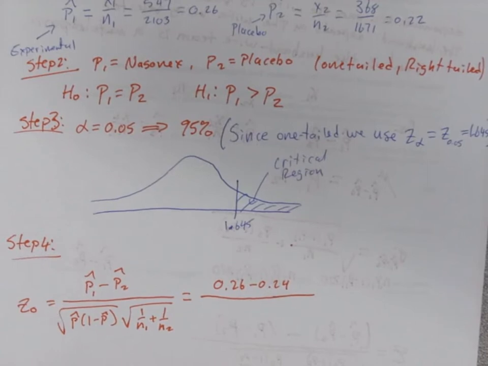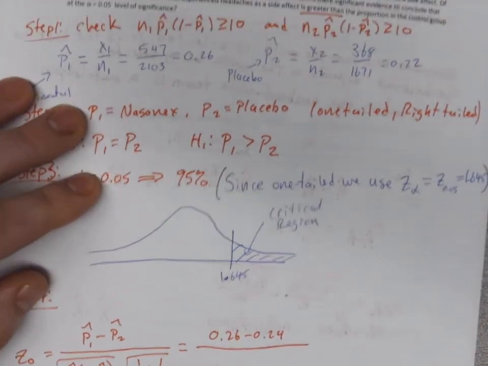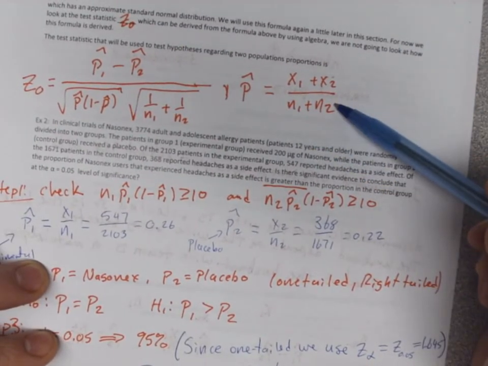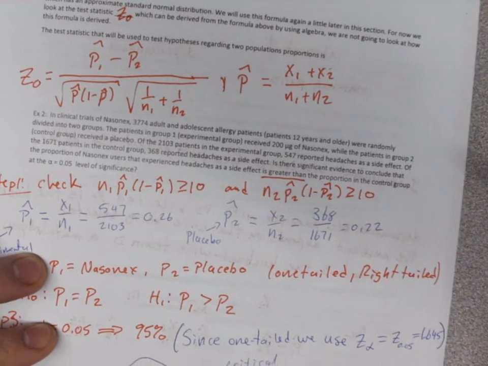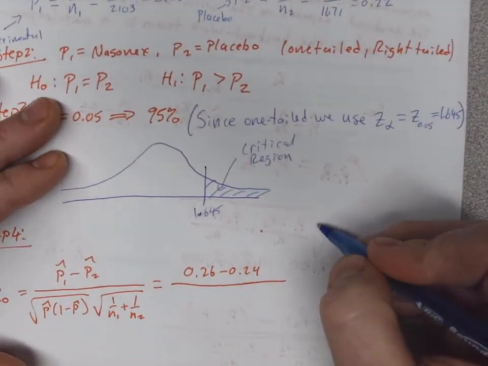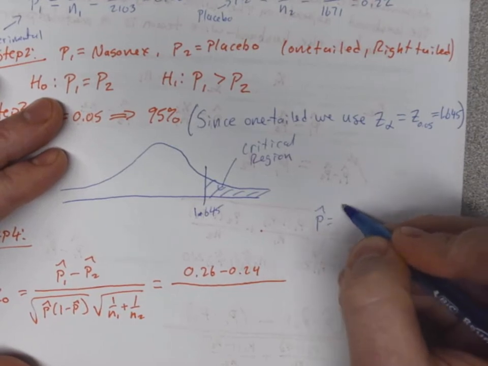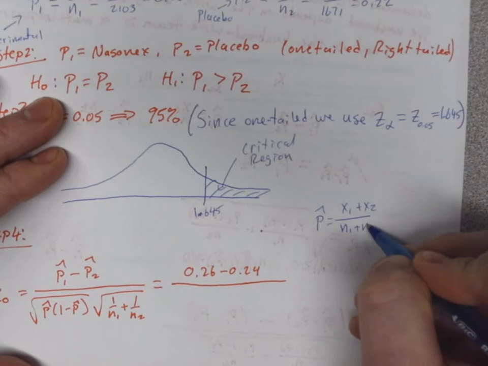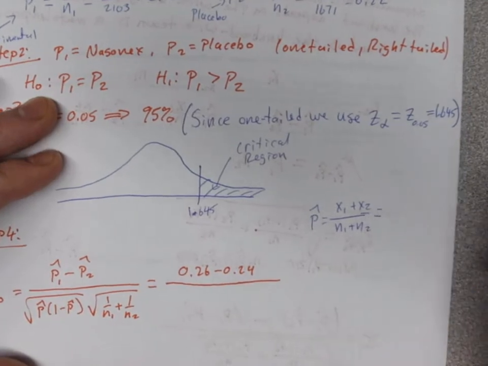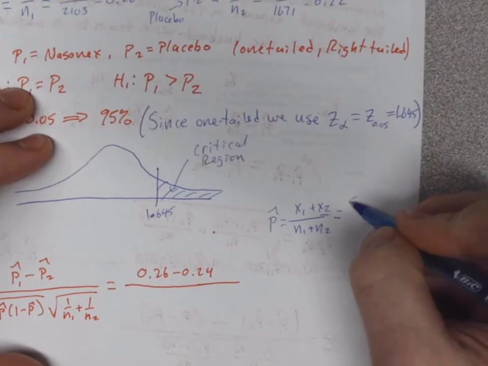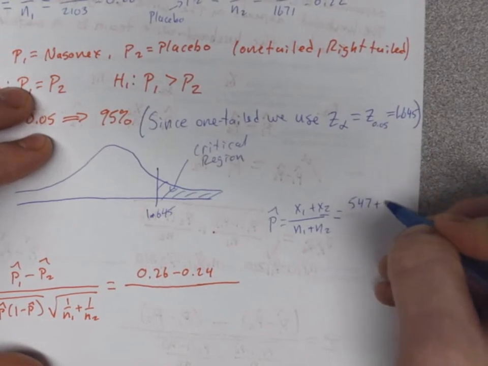All right, and I showed you up here, we're just going to slide up, where P hat is equal to this, x1 plus x2 over n1 plus n2. So we have all that info, so I can come over here on the side and say P hat is equal to x1 plus x2 all over n1 plus n2. Then plugging in those values, x1 was 547 plus x2, which was 368.